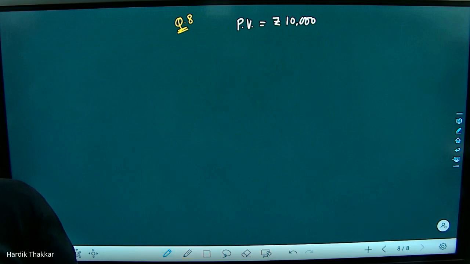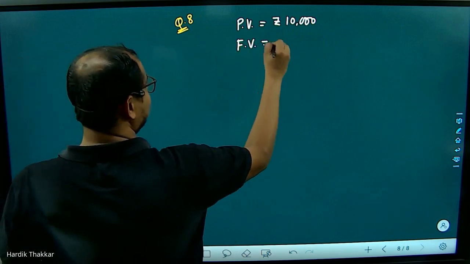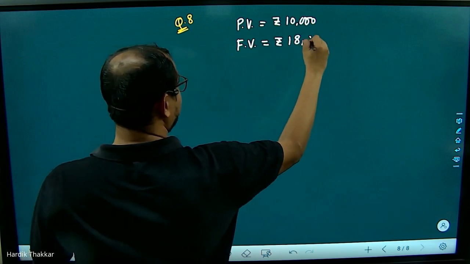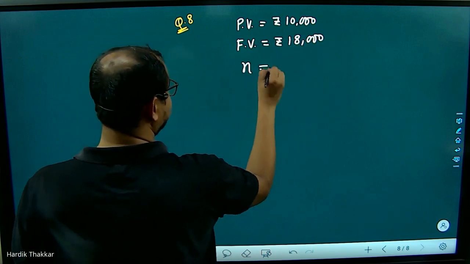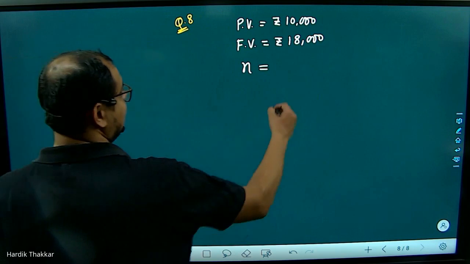And on March 31st, 2016, ended up with rupees 18,000. So that 18,000 is our future value. Okay. Now check what is n number of years. 4 years हो रहा है ना. 12 to 13 1, 13 to 14 2, 14 to 15, 15 to 16. Yes, 4 years. So n is equals to 4.